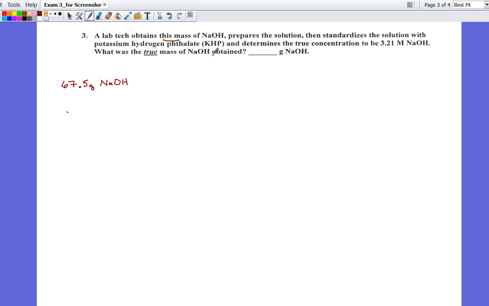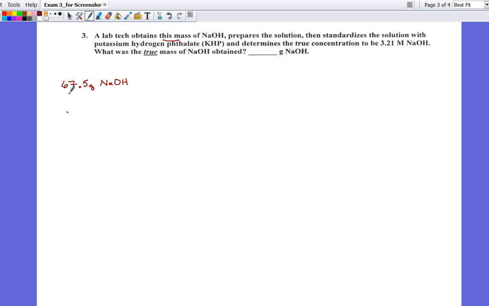But then we standardize it. Basically we titrate it and determine what its true concentration is. So this is what we used to get to what we thought was a 12.5% by mass solution. But we determined that it's this.